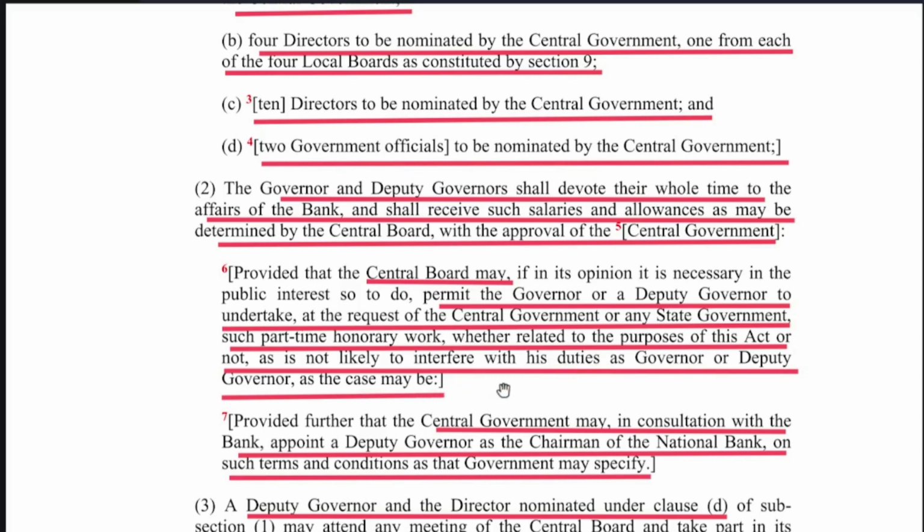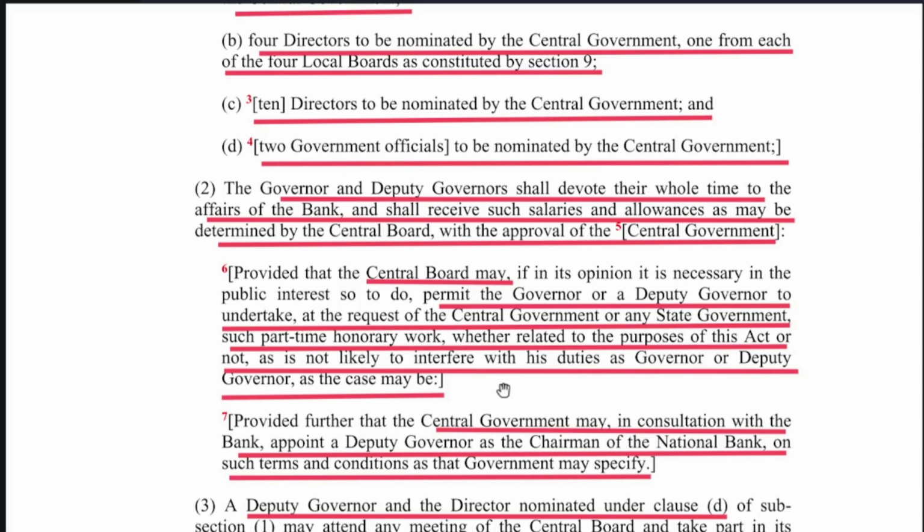The thing is that if the central government permits, then the governor or any deputy governor can take up part-time honorary work, meaning thereby no compensation would be provided for that work, which may be related to the provisions of this act, that is the RBI Act, or related to something else.